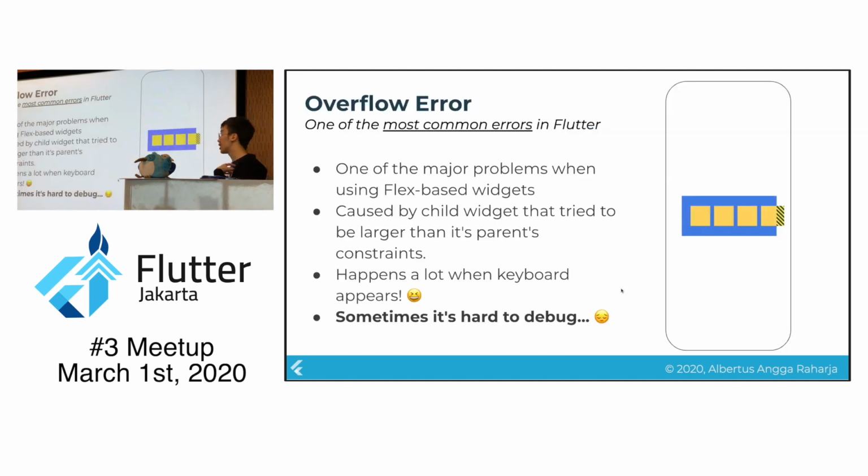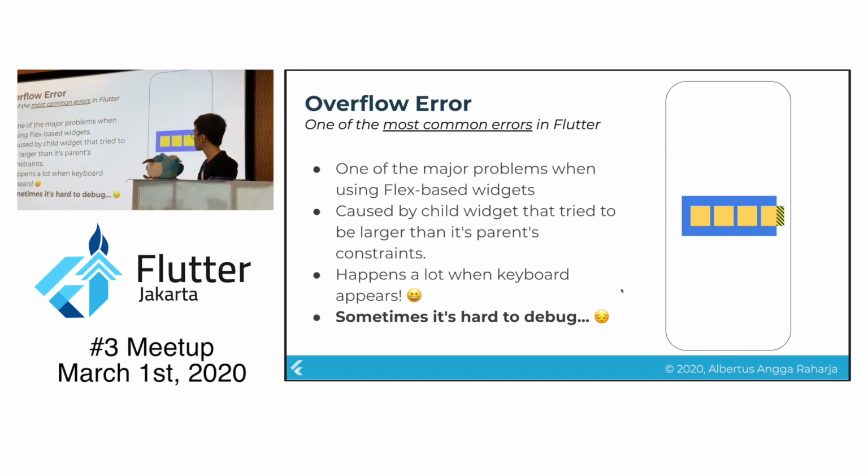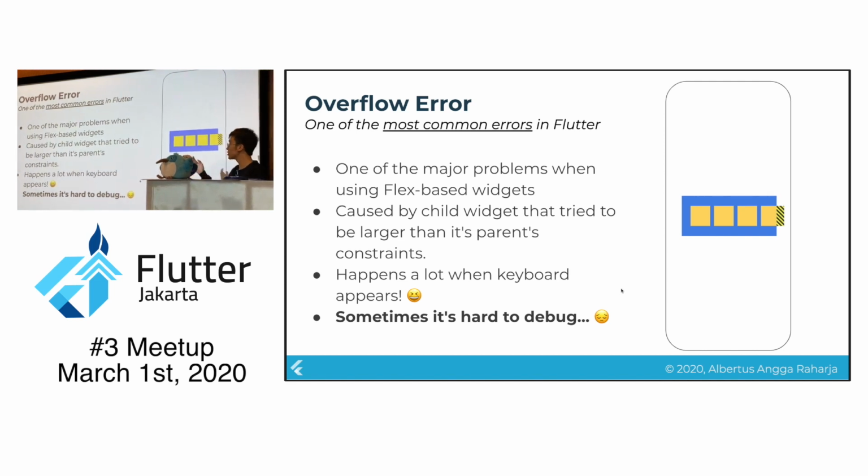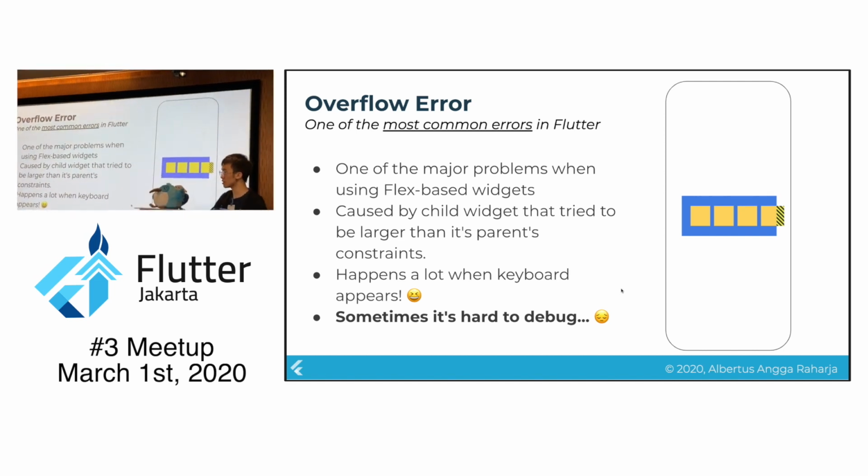And then we will go to the problem here. Using flex layout will introduce you to a new kind of problem or error, which is the overflow error. This is one of the most common errors in Flutter. It is caused by a child widget that tries to be larger than its parent.